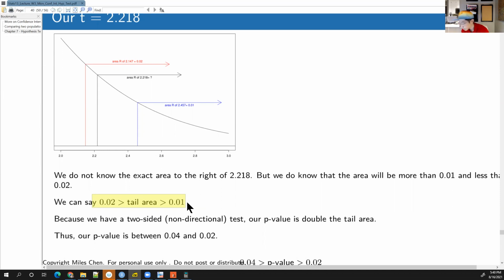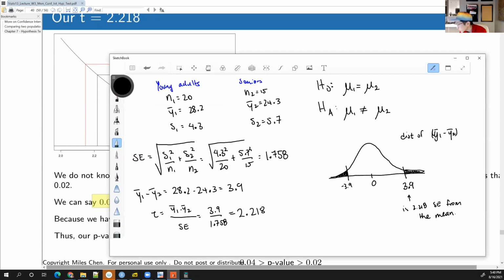Great. Again, I don't know exactly what this area is, but whatever it is, it has to be somewhere between 1 and 2%. So it's less than 2%, more than 1%. Same thing over on this side. It's symmetric, so this area also has to be between 1% and 2%.